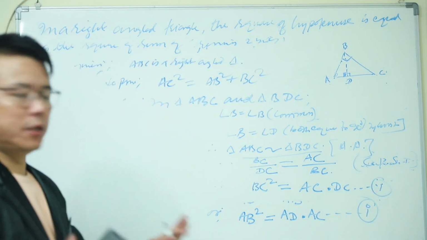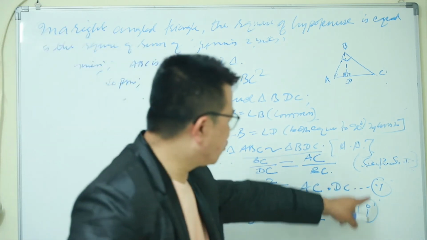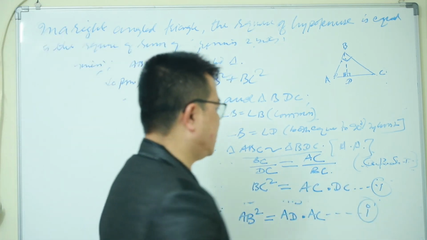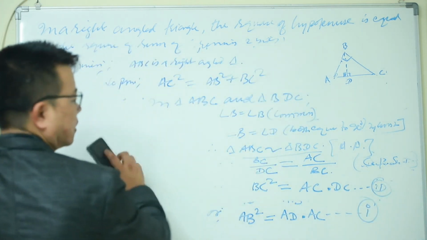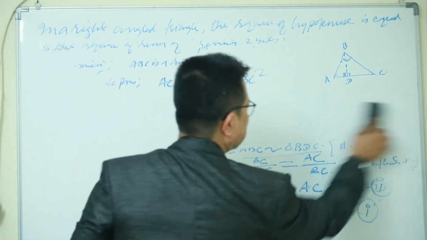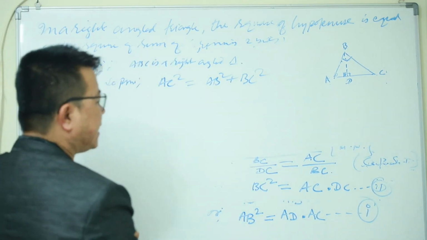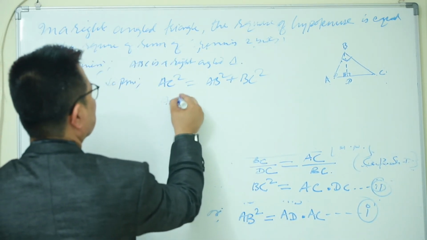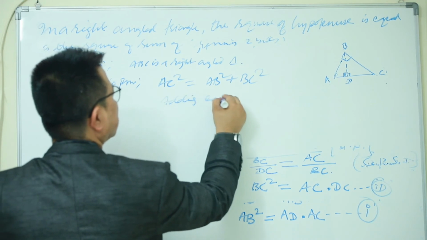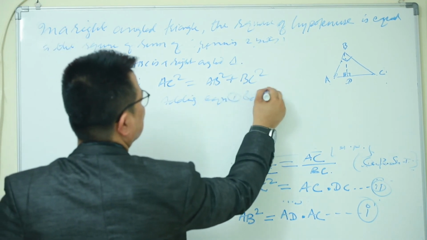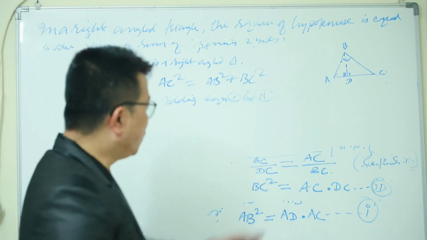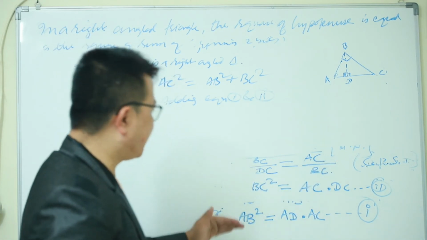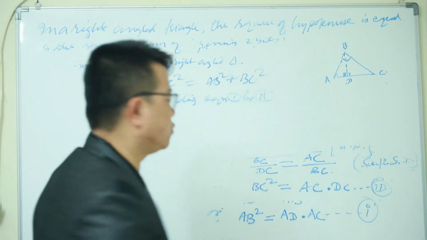Now we are in the final step. Equation 1 and equation 2. When you add these, your theorem is proved. The last step now, adding equation 1 and 2. When you add equation 1 and 2, left hand side and left hand side will be added, right hand side and right hand side will be added.